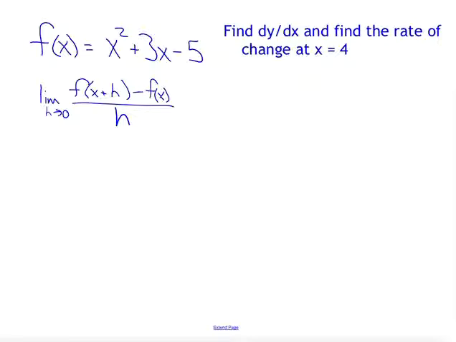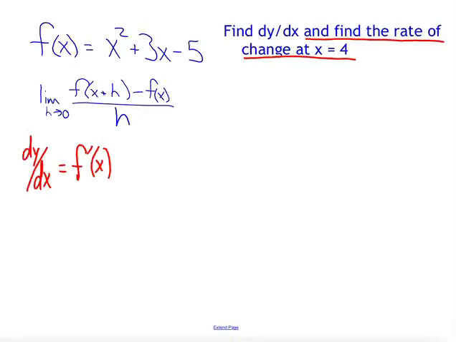We did this example yesterday, except we left off the second half. Find the rate of change at x equals 4. So we did this, and we found that dy/dx, which is the same thing as f prime of x, remember the notation is the same idea, equaled 2x plus 3.